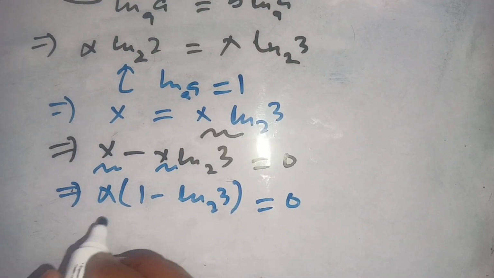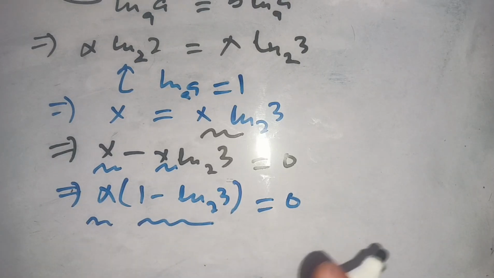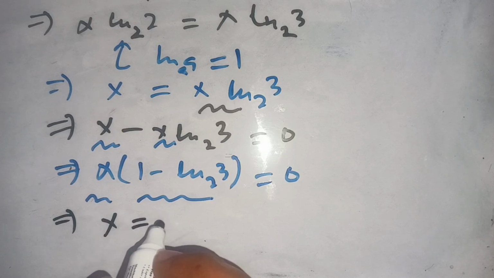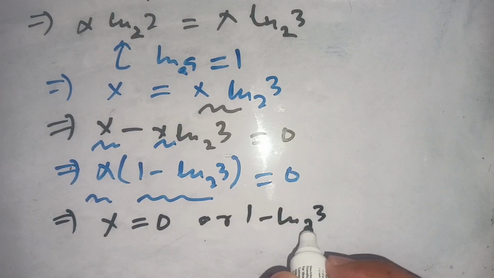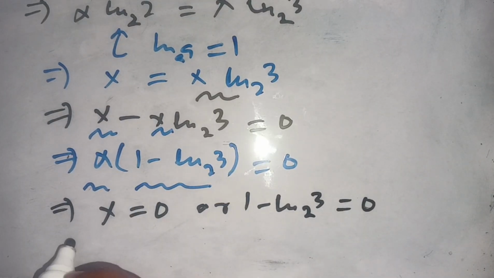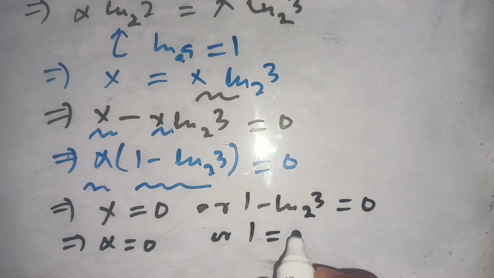Now we equate both terms to 0, and we get x is equal to 0 or 1 minus log of 3 with base 2 is equal to 0. It gives x is equal to 0 or 1 is equal to log of 3 with base 2.